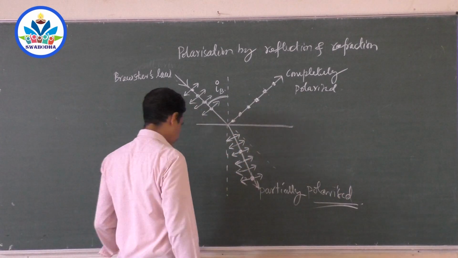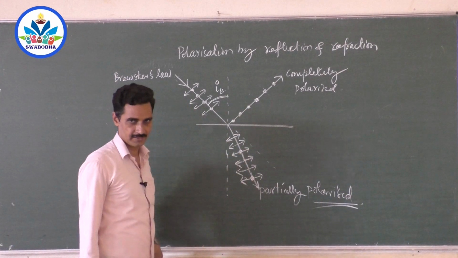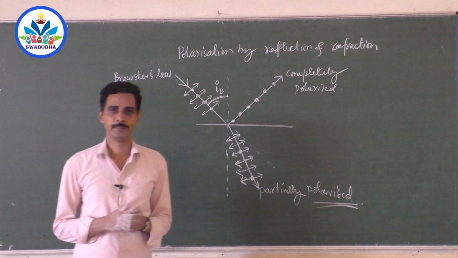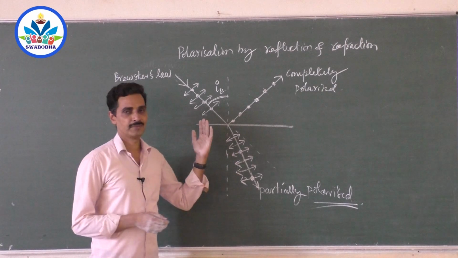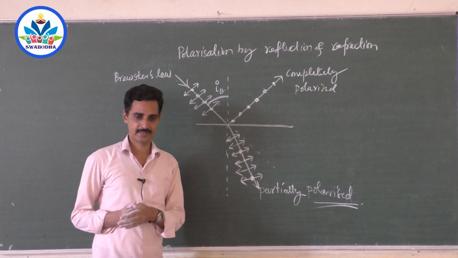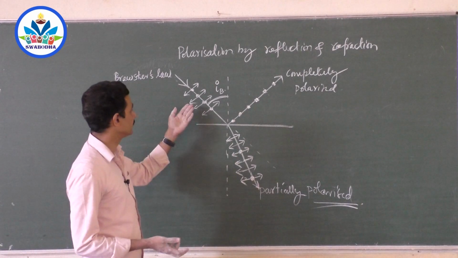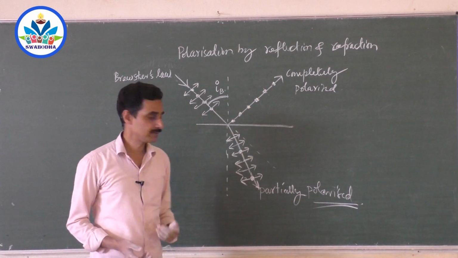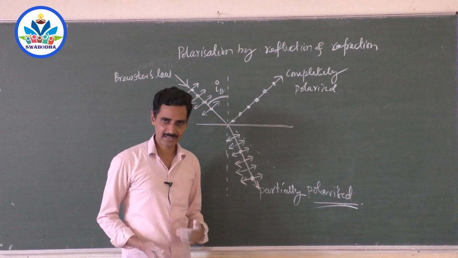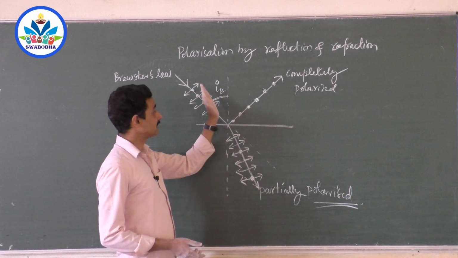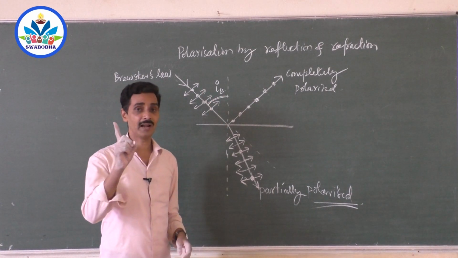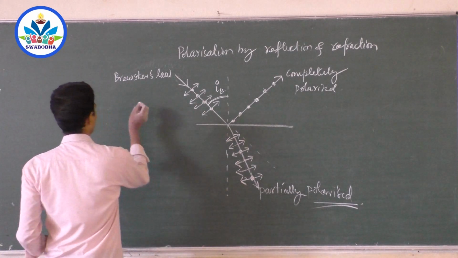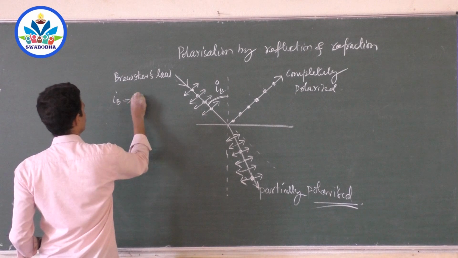So now if I can recap the story. When a ray of light is incident on a transparent medium, a part of the light gets reflected, a part of the light gets refracted. If the incident light is unpolarized, then the reflected light is partially polarized, refracted light is also partially polarized, but as the angle of incidence is increased, for a particular angle of incidence called Brewster's angle or polarizing angle.